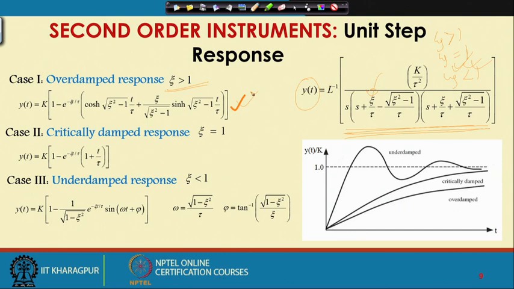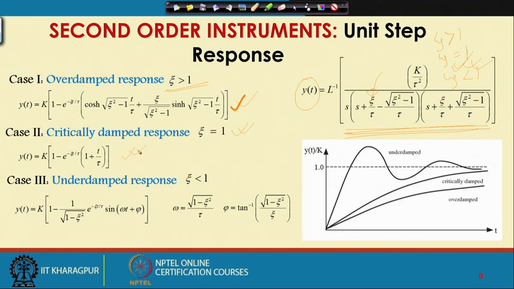Zeta is the damping factor, so when it is greater than 1, the response is known as overdamped, given by this expression. When zeta is exactly equal to 1, it is known as critically damped response, and we get this expression.